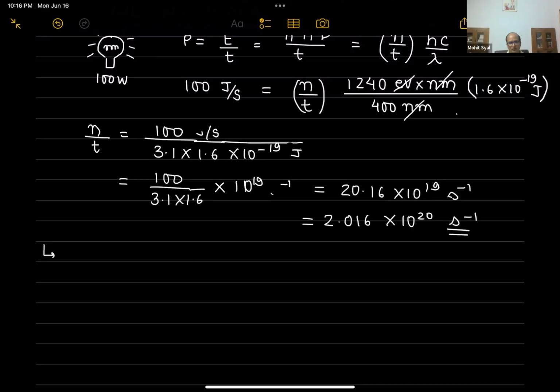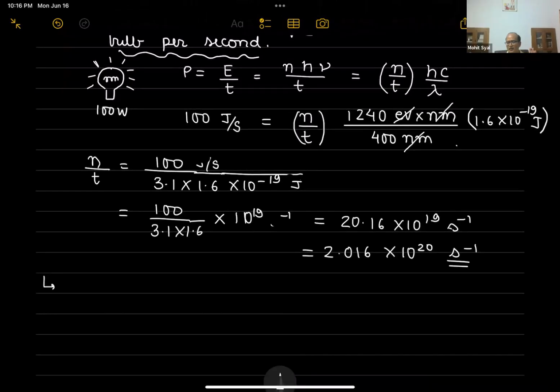So 100 watt, meaning 100 joules per second, divided by the energy of one single photon. How many photons will make the total energy equal to 100? Is it clear? That's what we did in this question.